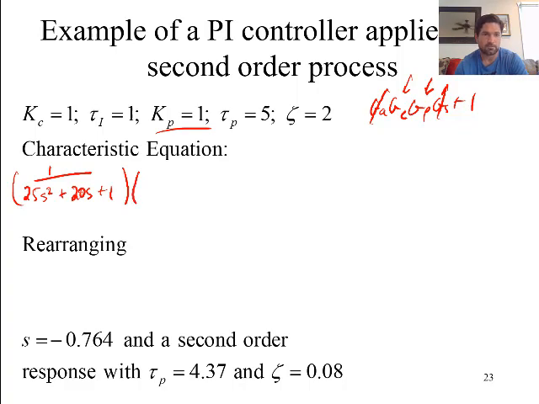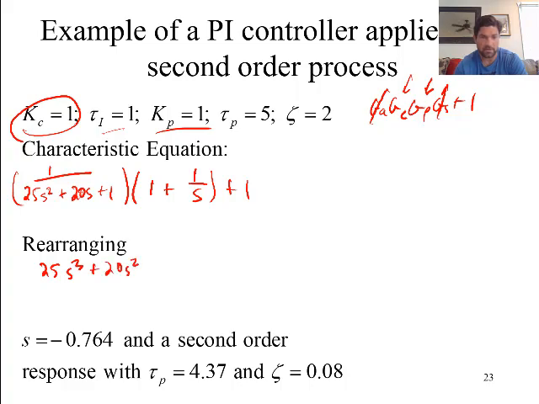Our PI controller has Kc, with tau I equal to 1, so we have Kc for the first term, and for the second term Kc divided by tau I s, so 1 divided by 1 times s, plus 1. Okay, we rearrange this, put it in standard form, and then we get 25 s cubed plus 20 s squared plus 2s plus 1 equals 0.